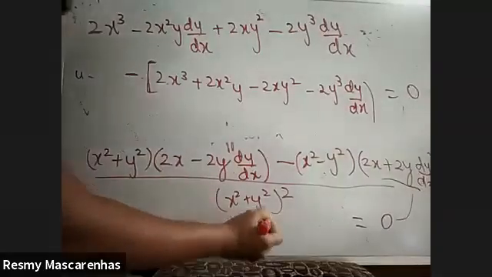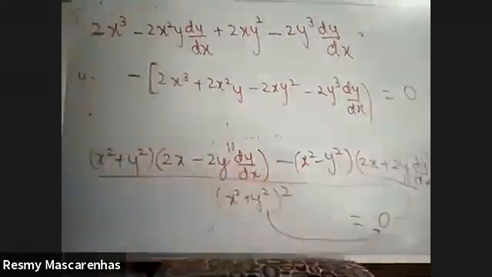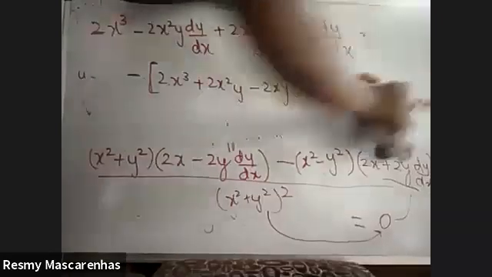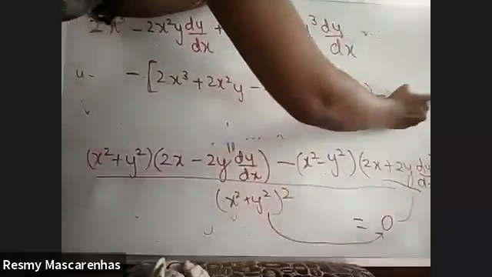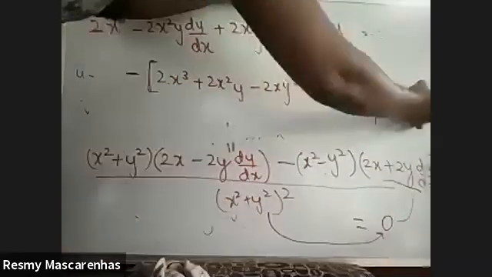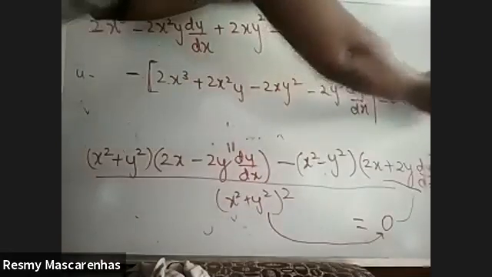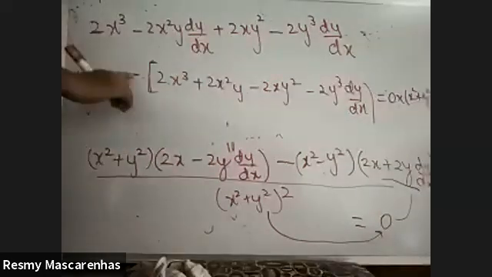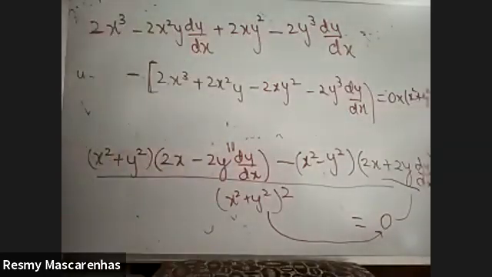This term will go to the other side and become 0. It's like 0 into x square plus y square, the whole square. The denominator will go to the numerator and become 0. Now the minus you apply to all the terms, open up the bracket and cancel.